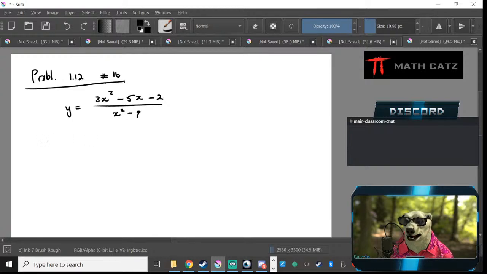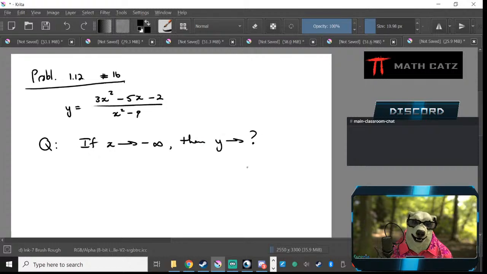Here's my question. If x approaches negative infinity, then y approaches what? Same question as we did yesterday. Same problem set.